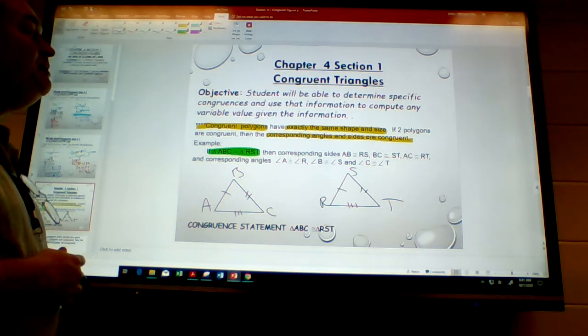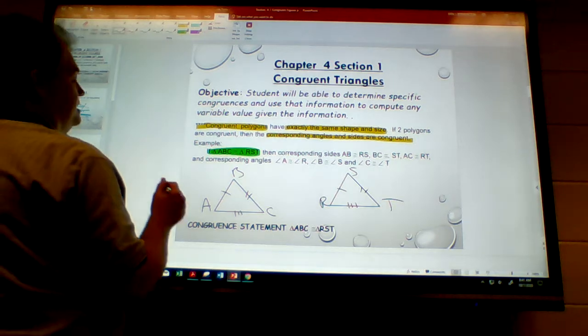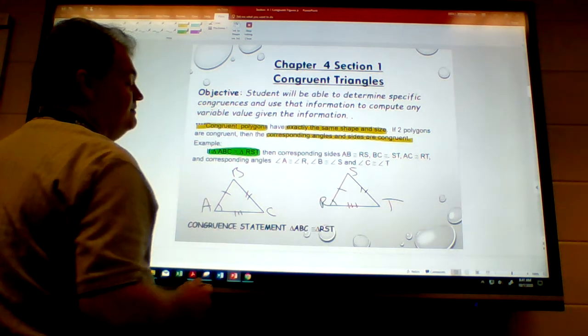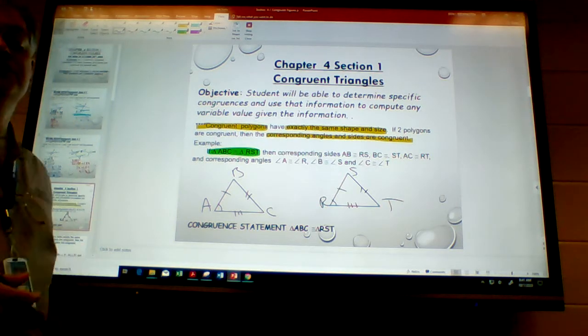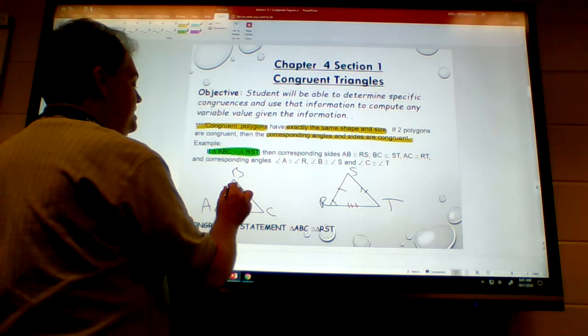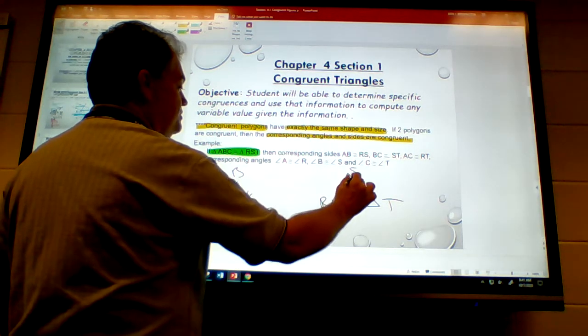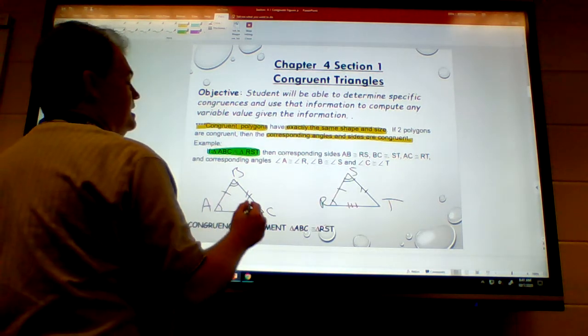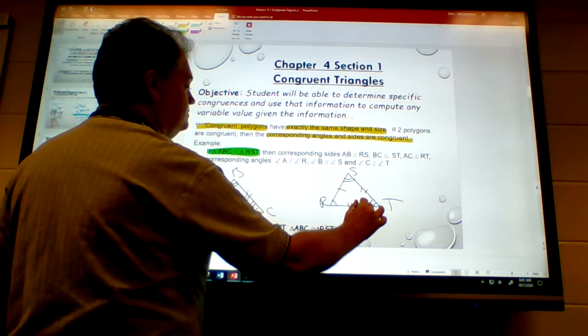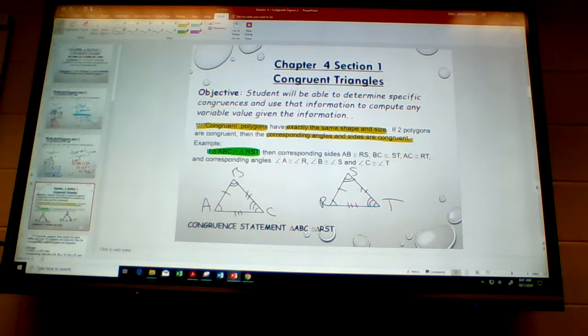All right. Now we can also do the same thing with the angles here. If you look at the angles, A and R both have one little curve in it. That shows you that those two angles are congruent. Same thing with B, but this time B is going to have two curves, along with S, and then C and T will both have three.